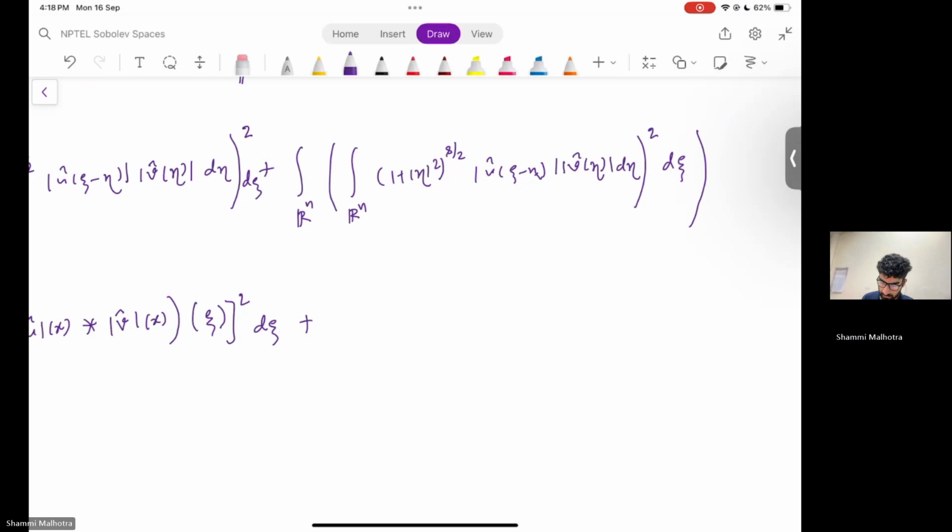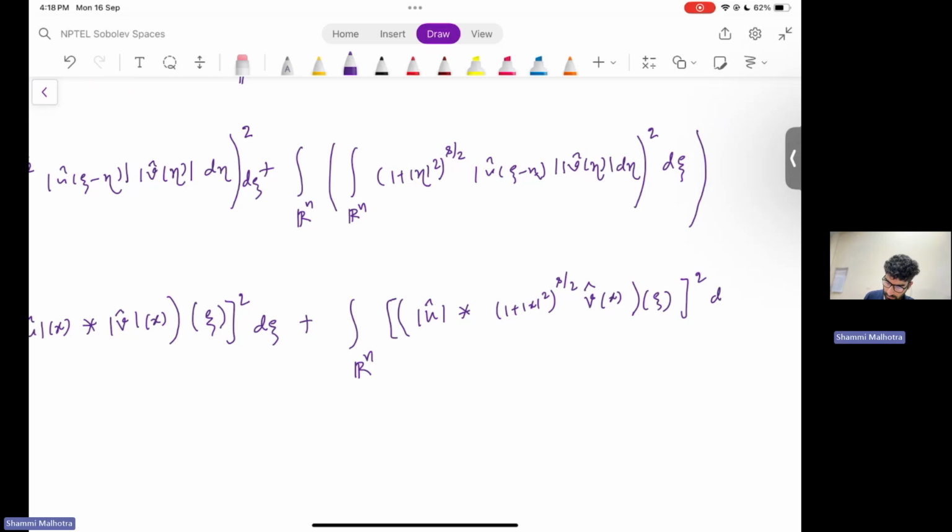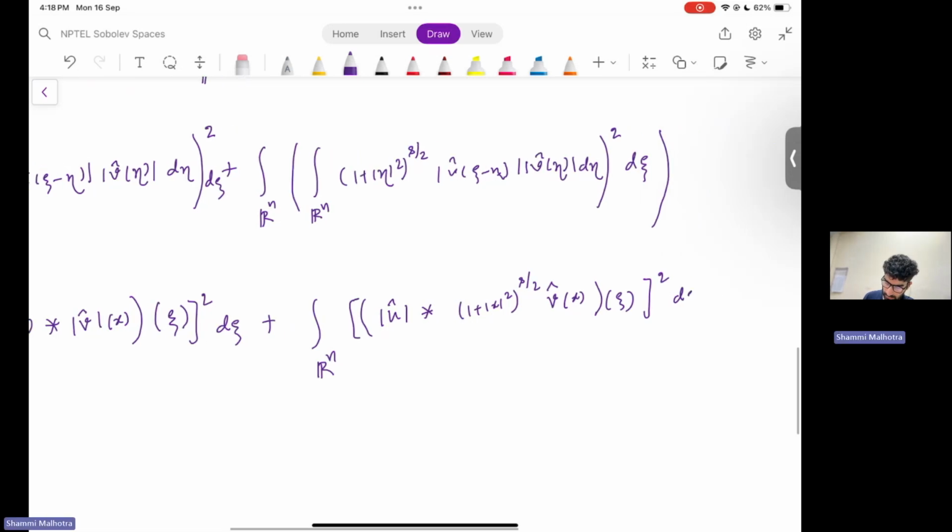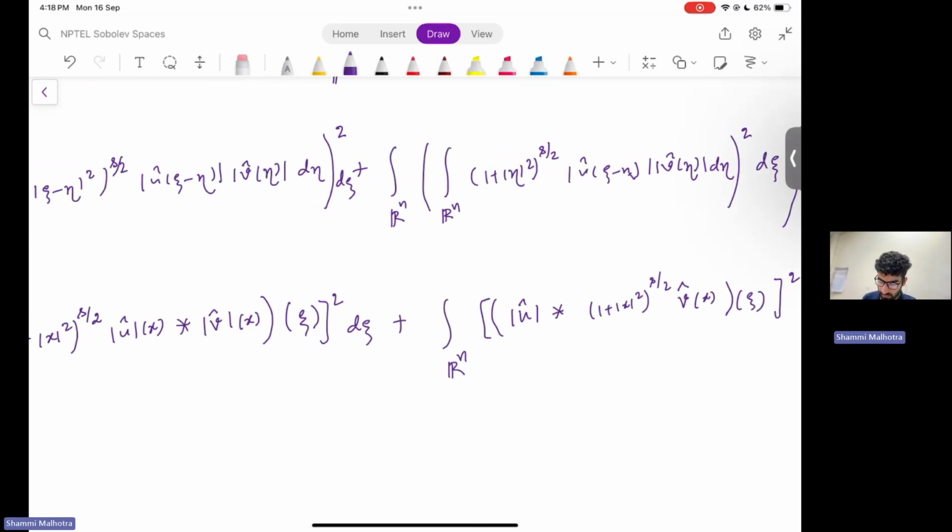So this is again over R^n, and this time a convolution of u hat convoluted with 1 plus mod x squared, whole to the power s by 2, times v hat of x, whole evaluated at xi, and this as a whole square, d psi. So this whole can be written as a convolution in terms of this thing.